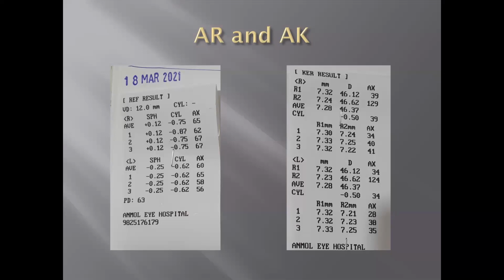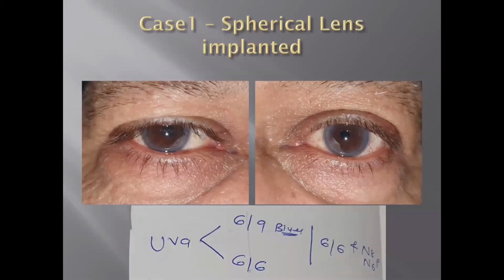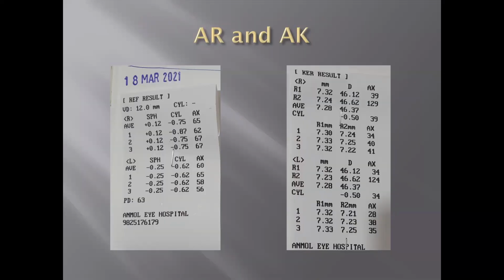So here, as the left eye has 6/6 vision, you don't have to do anything. In the right eye, you have a minor spherical error, which is not much, just 0.12. So you consider it as a pure astigmatic error.